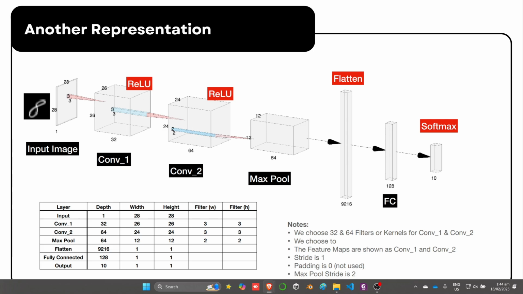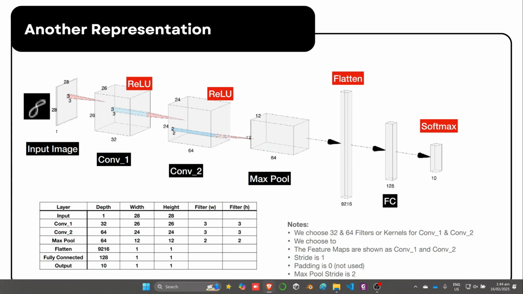And as you can see, it has a 2 by 2 filter here. That's the max pool filter size.